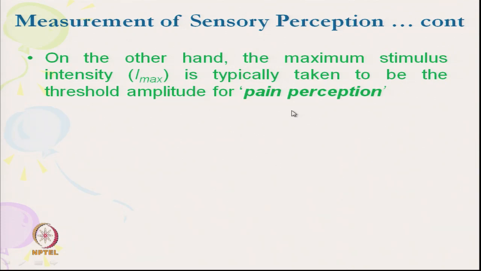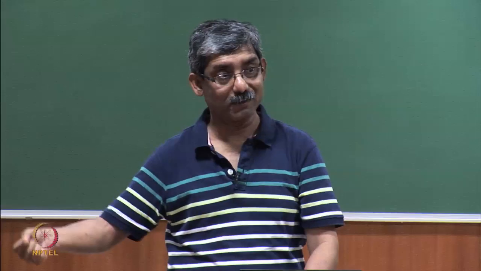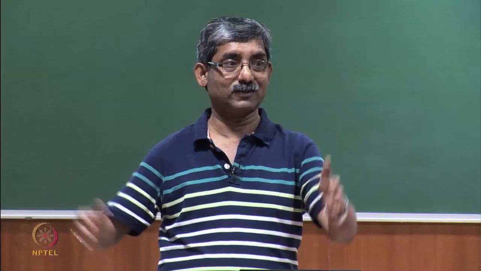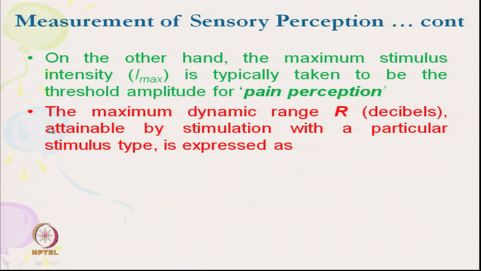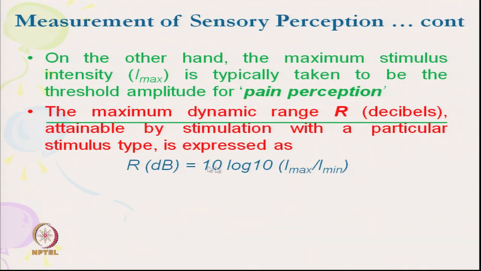So, from just noticeable touch up to the pain receptors, that total range is related to the maximum dynamic range. In decibels we can express it as R equals 10 log of I max by I minimum. This ratio is called the range of stimulation.